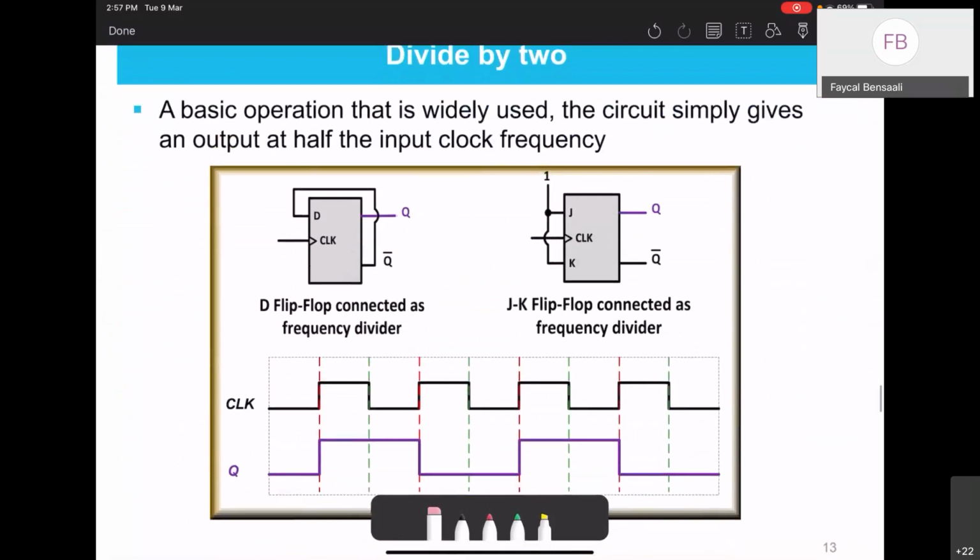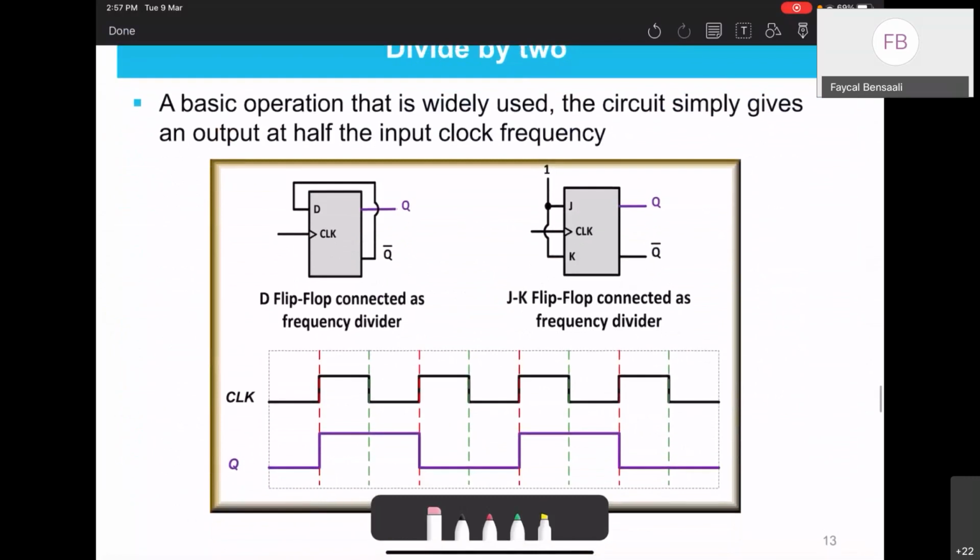If I take a D flip-flop and connect Q bar, as you can see here, and feed it back to D, we get this on Q. Basically, we have a clock signal, and D is connected to Q bar. We'll start with this, and then move to the JK. I can do the same with a JK flip-flop.